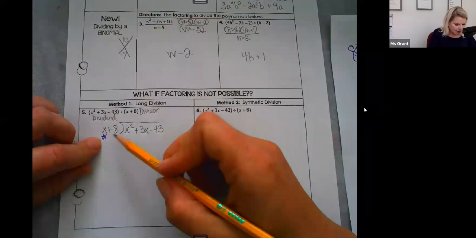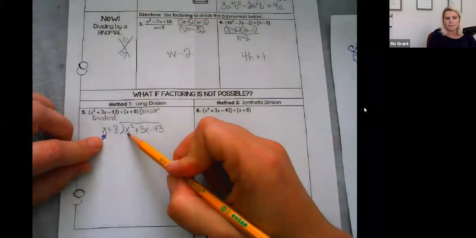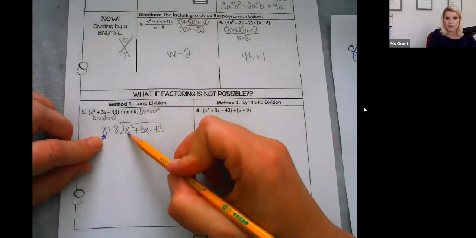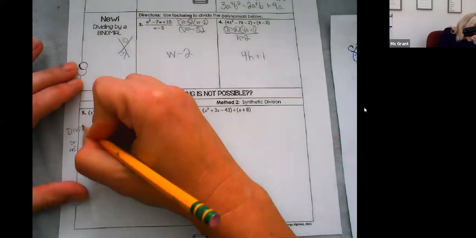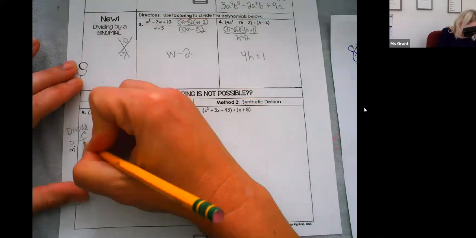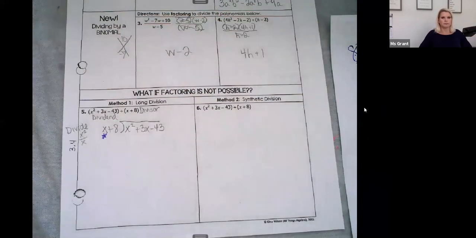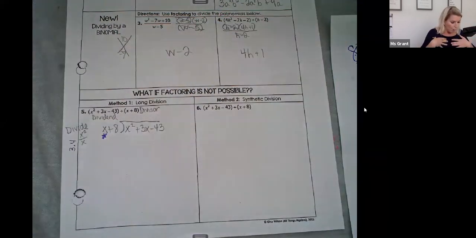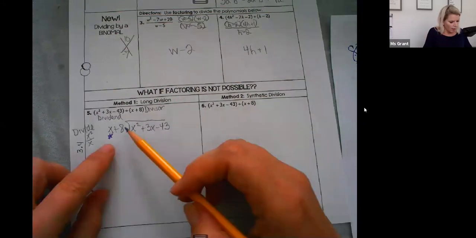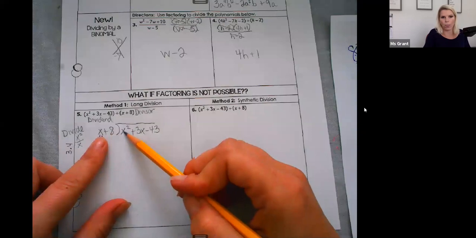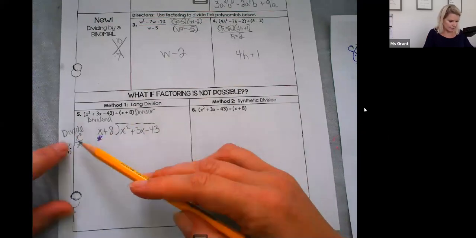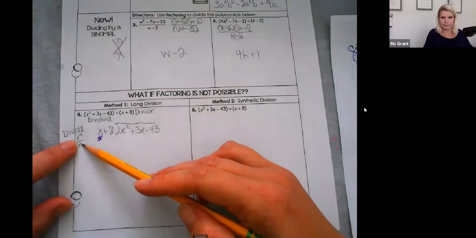So this x, I have to divide by my x squared first. So step 1, divide x squared and x. X divided into x squared. How many times is that?